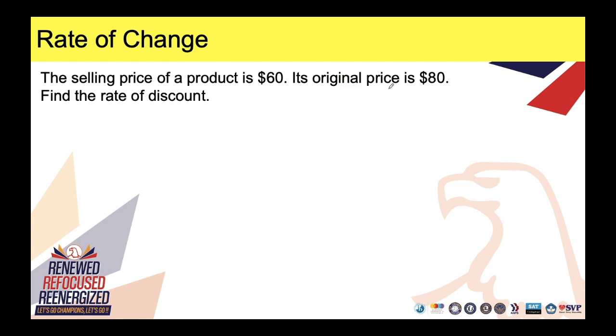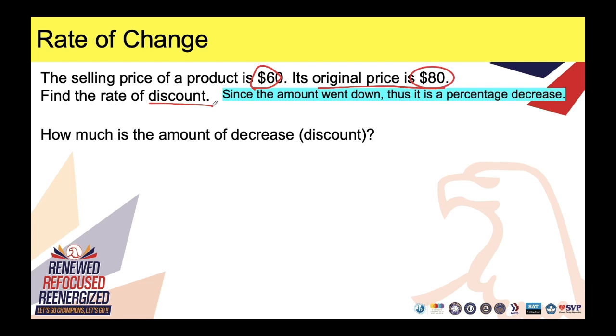Alright, now, we know already this is the original price and this is the selling price, meaning this is not the new price. Original to the selling, it's a decrease. And since we saw the word discount, we are now certain that this really is a percentage decrease. Now, how much is the amount of decrease or discount?